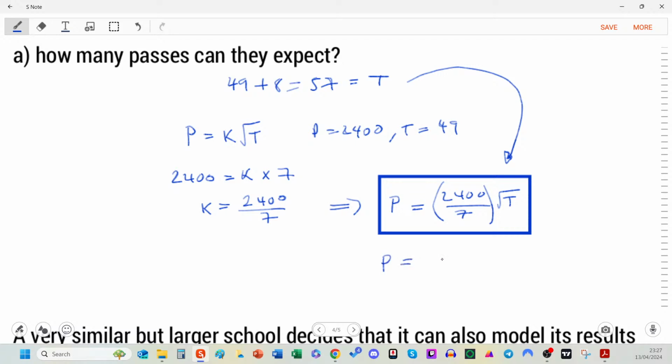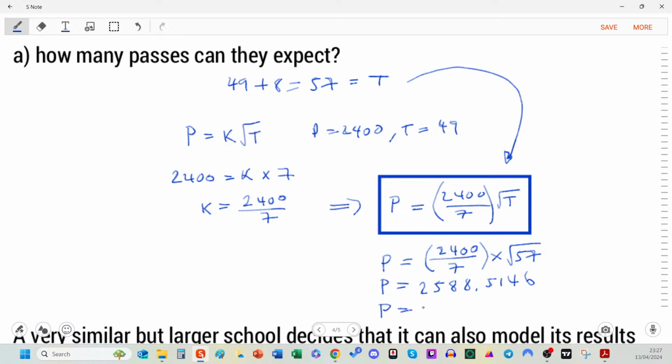It's a bit easy to say population when you see the p there. The number of passes is going to be found by doing this. Not 49 this time, but 57. We should probably predict that it's going to go up. And if we put that into a calculator, we find that it becomes 2588.5146.